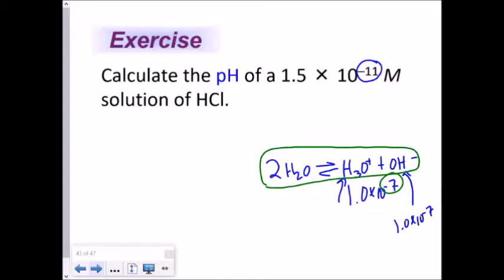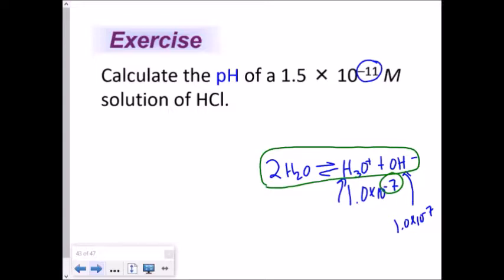Well, because the Kw is 1 times 10 to the minus 14, if we're using pure water that we're dumping this little bit of HCl in, the virtual concentration of both the hydroxide and the hydronium are at 1 times 10 to the minus 7. They're equal. Because remember, pure water should be neutral, should be 7, right?